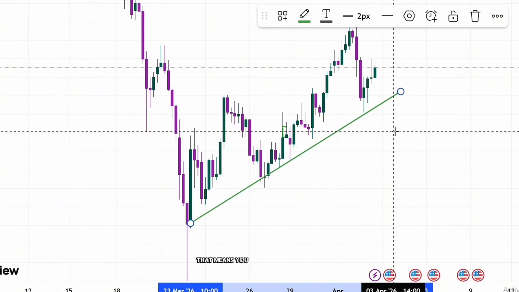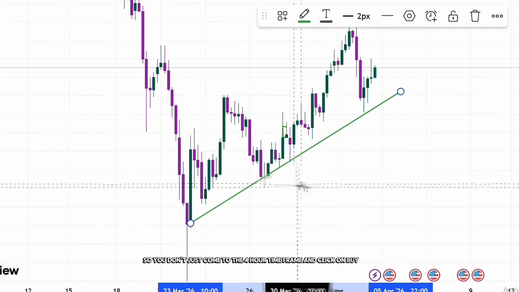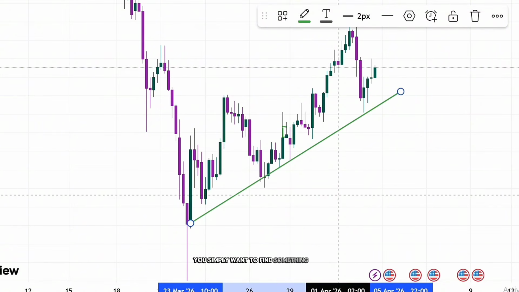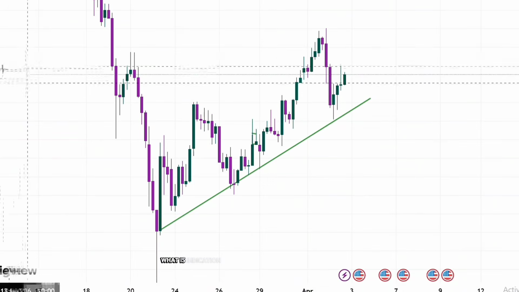That means you should be buying, because buying or bullish or uptrend or going up or long position means one thing. So you don't just come to the 4-hour time frame and click on buy. You simply want to find something, which is this ICC that you have been hearing. What is indication?